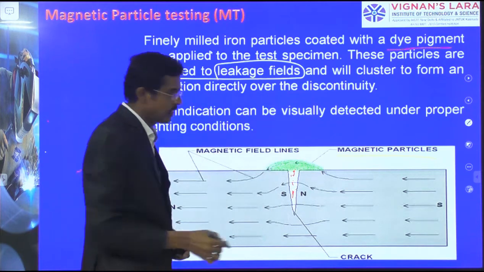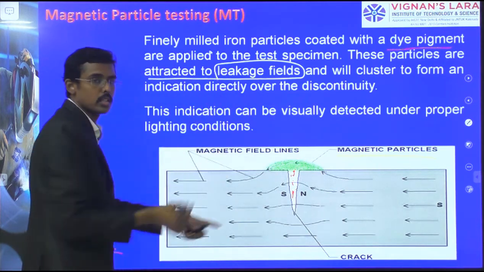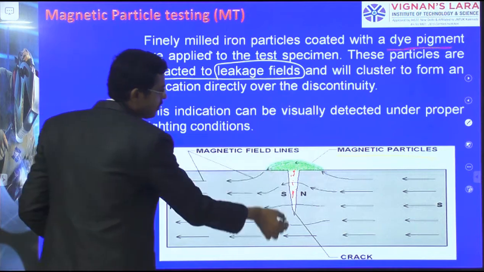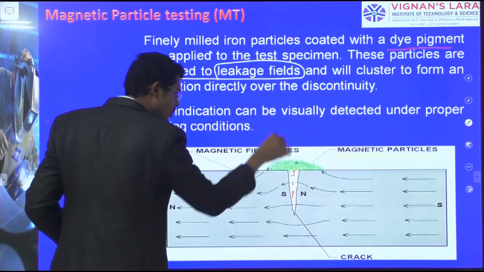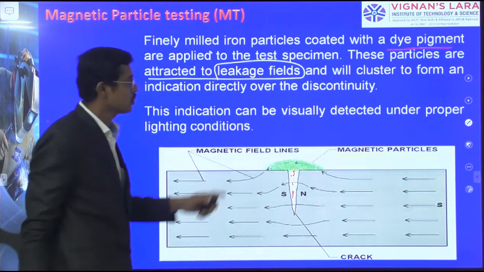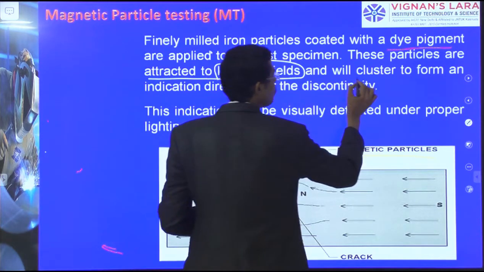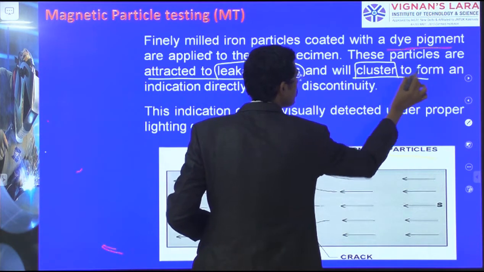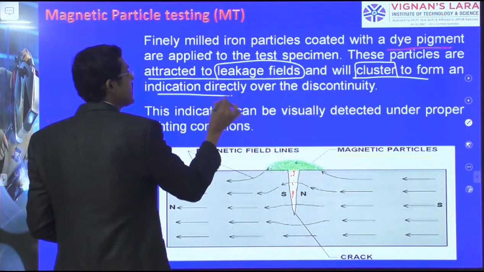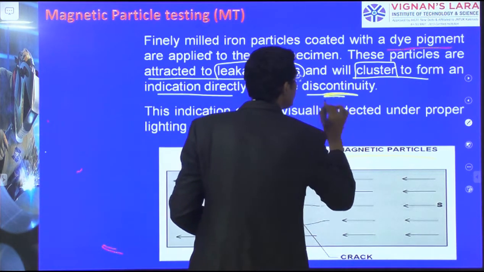This is the leak field. Here the field is going from north pole to south pole, but here is the leak field, and these magnetic particles are also attracted to this field. So they will cluster to form an indication directly over the discontinuity.